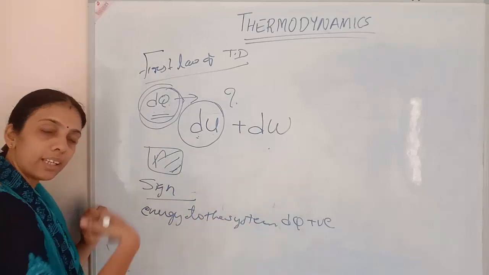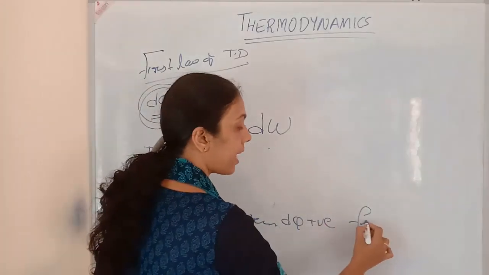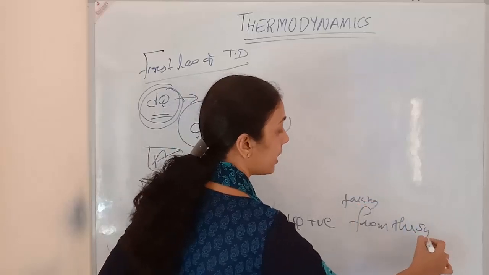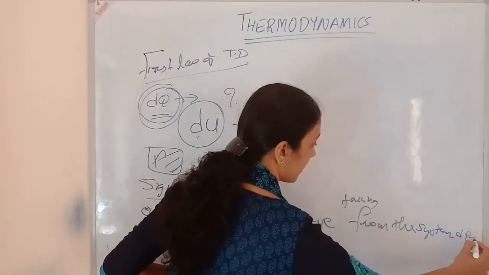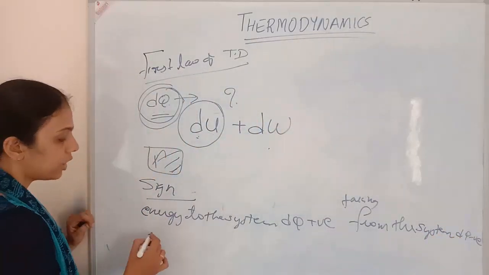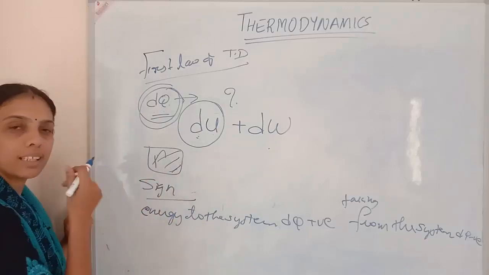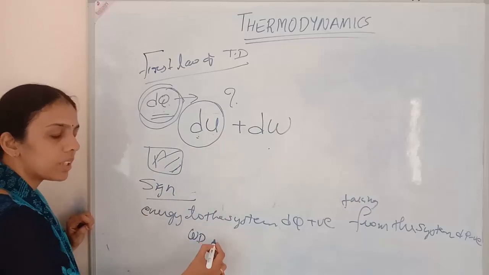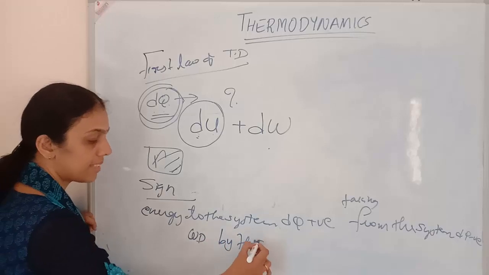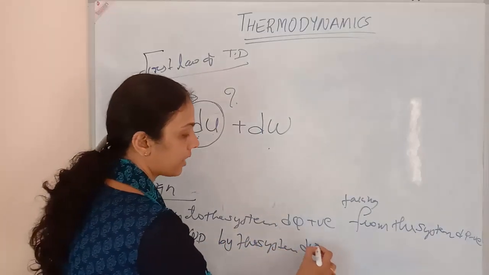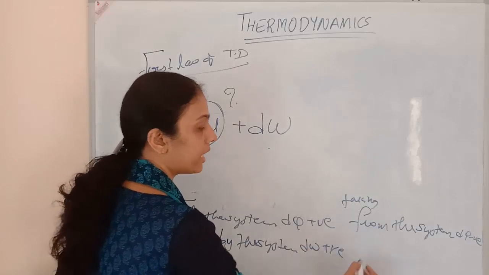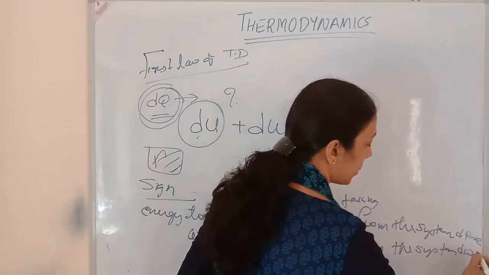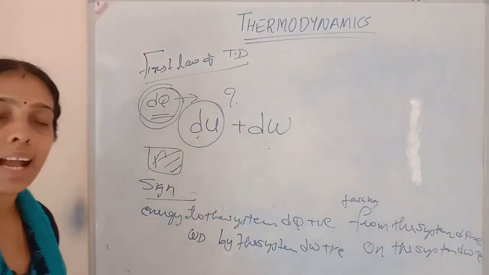If I am taking energy from the system, then dq will be considered negative. Then work done: if the system is doing some work, then I will consider work done as positive. And if work is done on the system, then I will consider dW as negative.